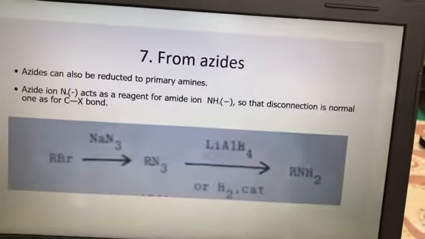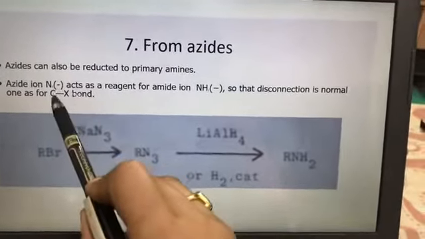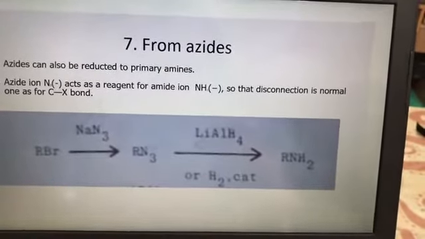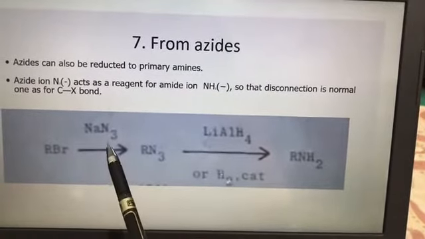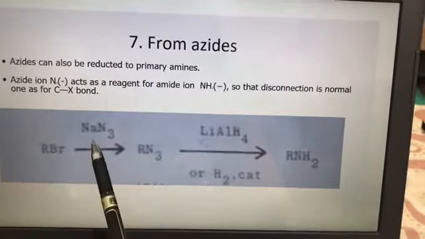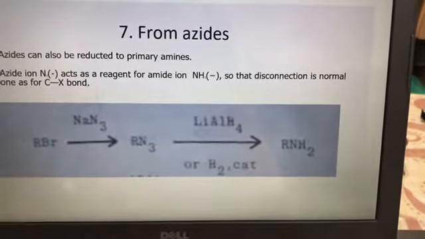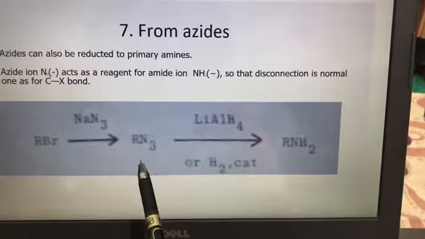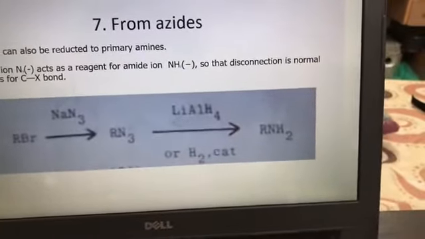From azide: N3 negative, the azide ion, acts as a reagent for the amide ion. Upon using NaN3, which has the azide group, and using it on an alkyl halide or aryl halide, we get an alkyl azide or aryl azide, and its reduction gives us a primary amine.